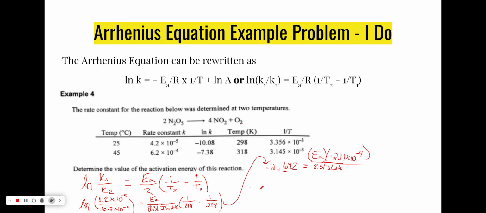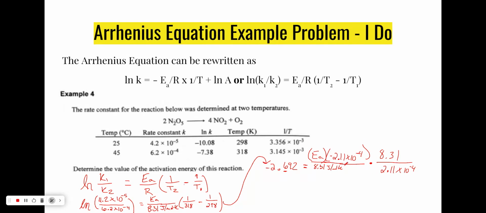All right, so our first simplification is the natural log division would be negative 2.692, and that's going to equal, I moved the number you get when you subtract 1 over the temperatures to the top of the numerator here, and then of course I have joules at the bottom. To clear our fraction here, I'm going to have to multiply by the reciprocal on both sides, so it's going to be 8.31 divided by 2.11 times 10 to the negative 4 on both sides.